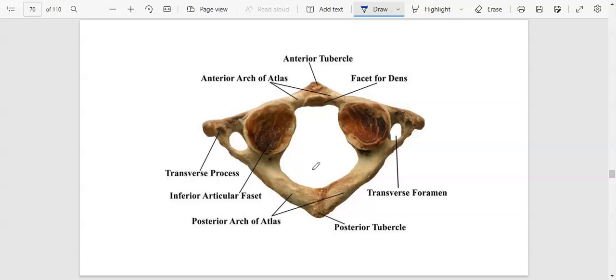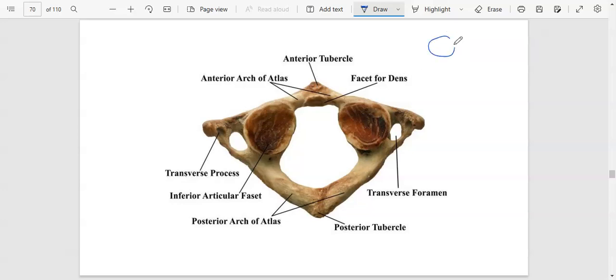Okay, so we can see for this one, it has got this part on top, which we call the anterior tubercle. Now, a tubercle is simply a protrusion. Anything that comes out of a bone is a tubercle. So anterior means in front, so this is going to be found on the front side of the bone, right?